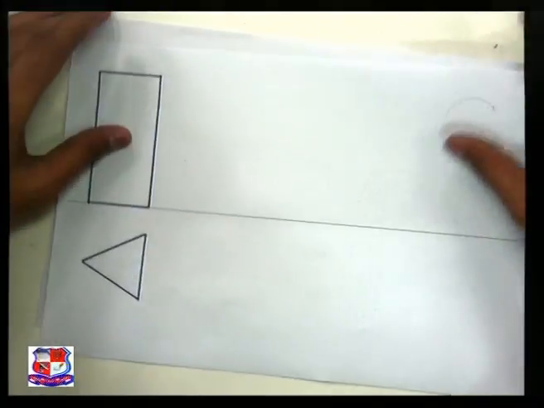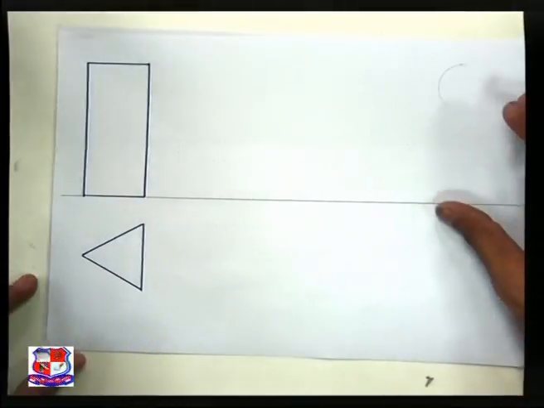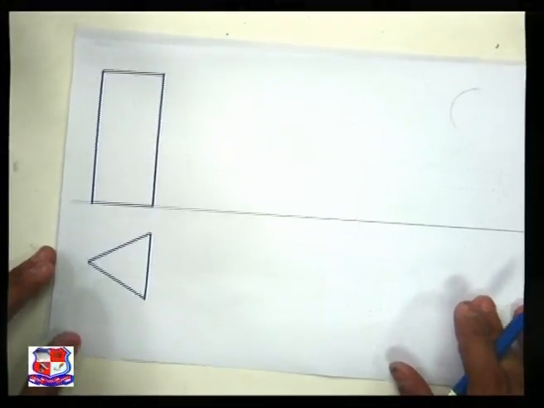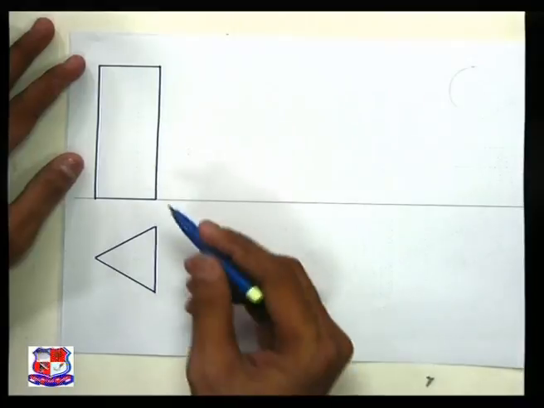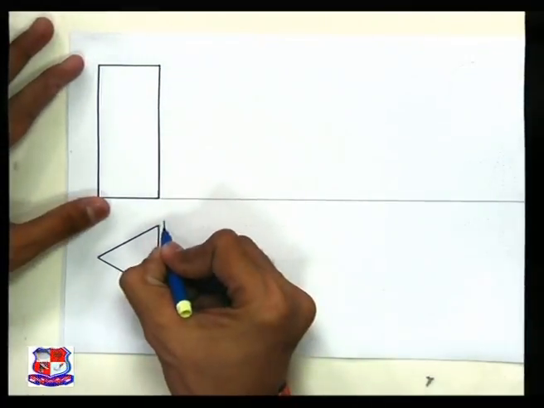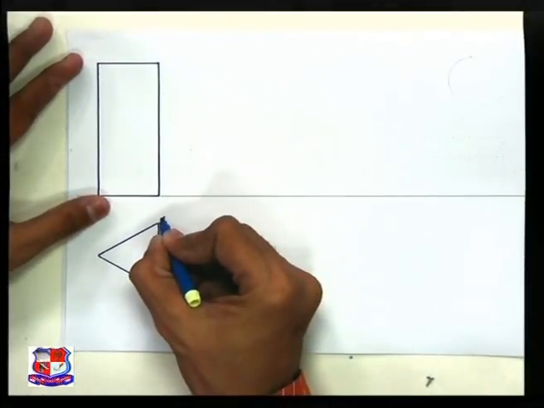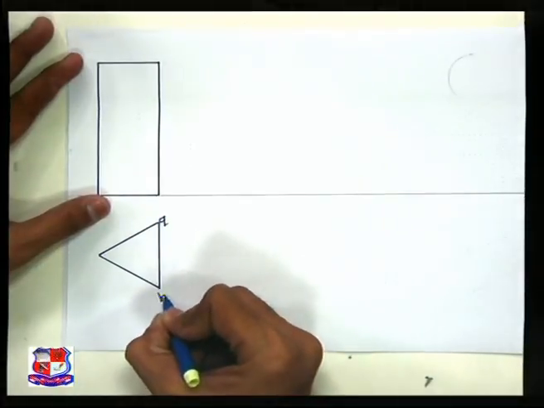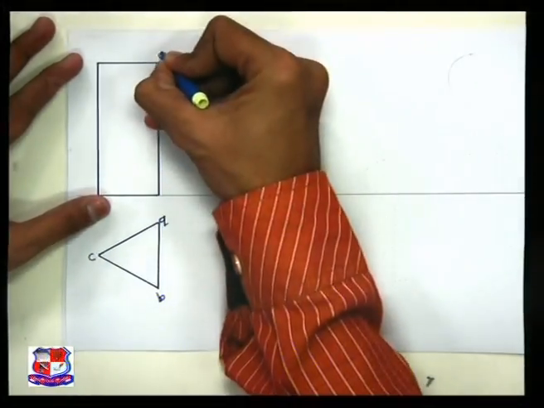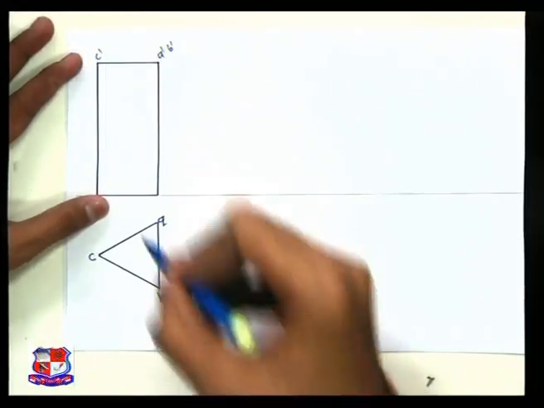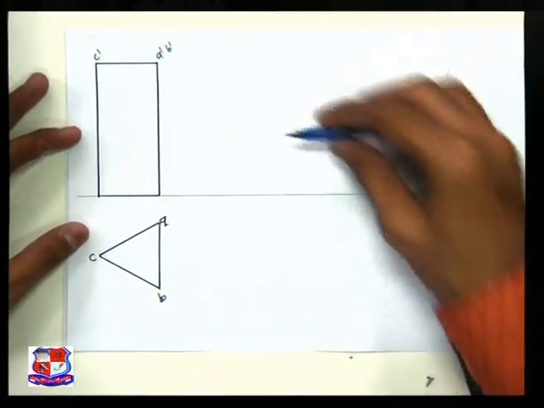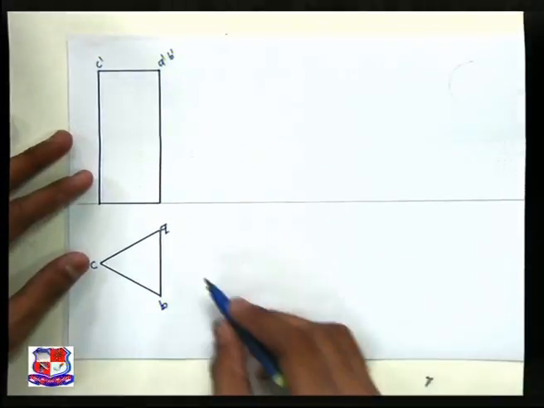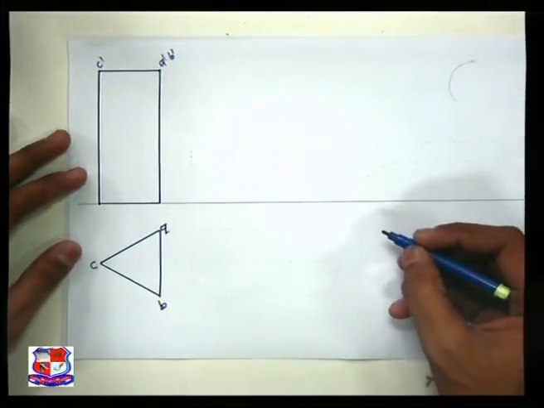And second, we assume that this face makes an angle of 90 degree with XY line. Hence this face, name it as say A, B and C, and accordingly A dash, B dash and C dash points would be there. Now tilt this rectangle in such a way that this rectangular face is on XY line.